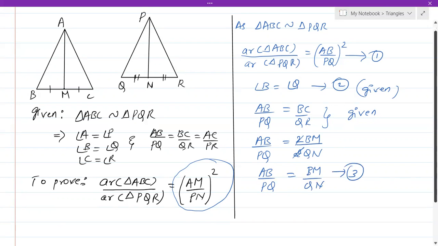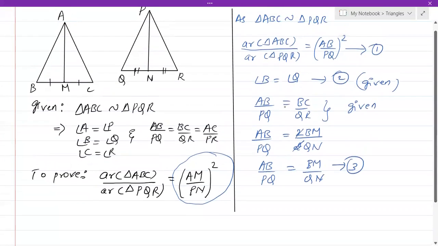What can we conclude from 2 and 3? If you observe carefully, look at the figure, angle B is equal to angle Q. One angle is equal, and the sides containing the angle are AB, BM in triangle ABM, and PQ, QN in triangle PQN. Observe the figure. The sides containing the angle are in ratio.